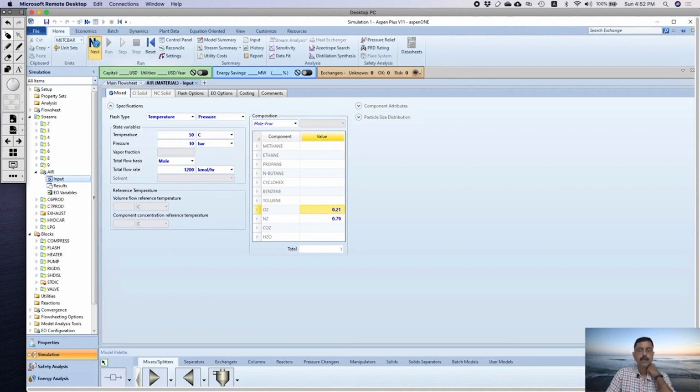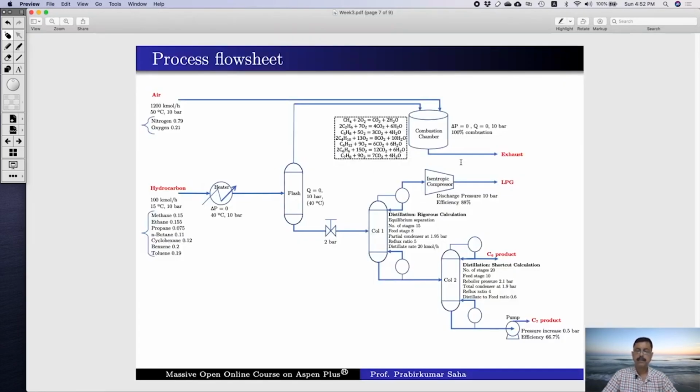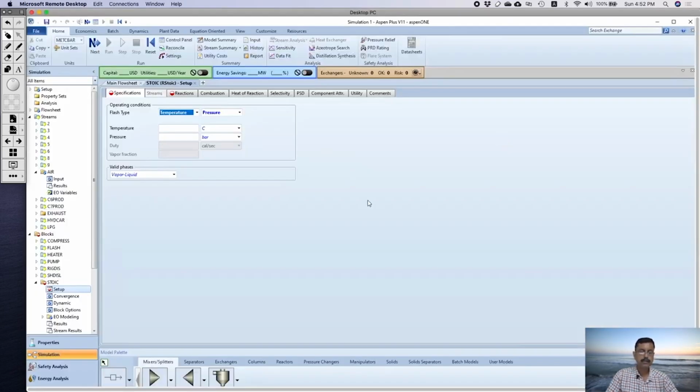Now we have to go to the stoichiometric reactor. There let us see what information is available. It is a 100% combustion with pressure drop 0, heat duty 0, that is adiabatic, and the pressure is 10 bar. So how can we use this information?